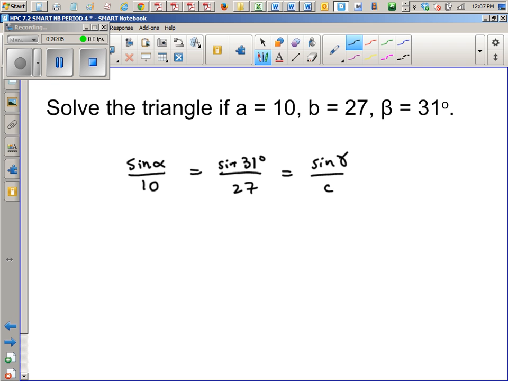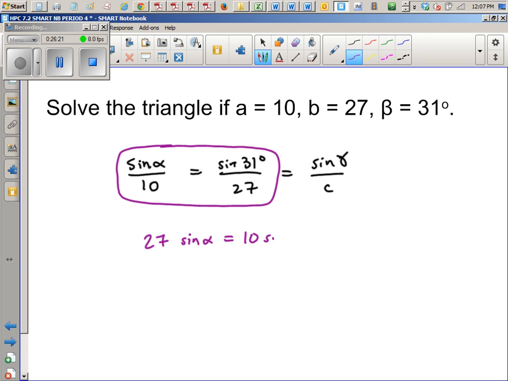That third fraction, I don't know anything about that third fraction. I don't know the gamma or the c. But the first two fractions, I can cross multiply these. I get 27 sine alpha equals 10 sine 31. And then if I divide by 27, I get this.